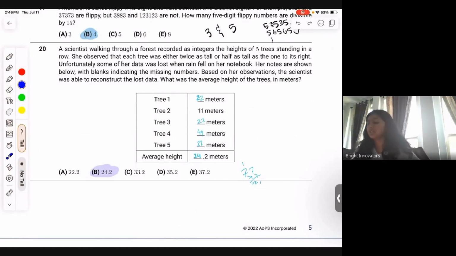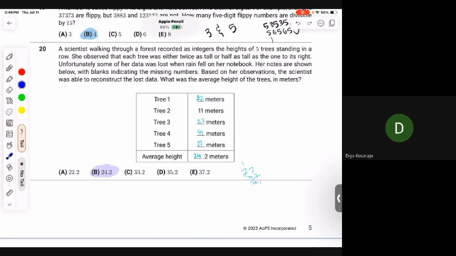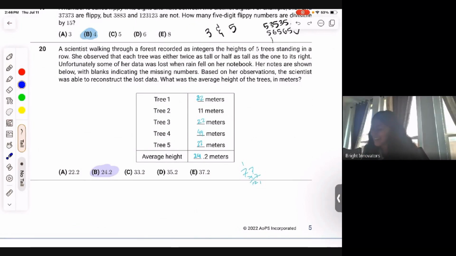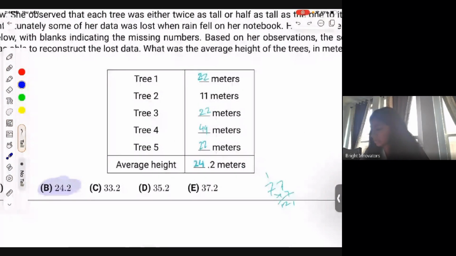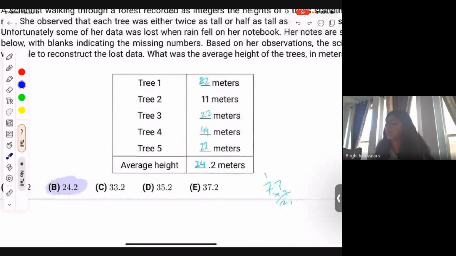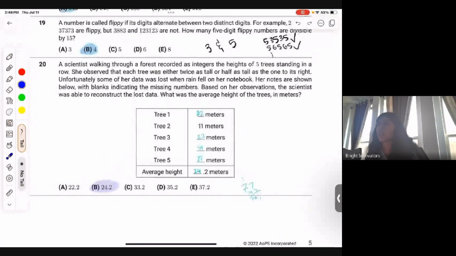Dia, do you want to quickly explain that one? I might have also guessed on this one. Okay. This one I didn't guess on, but I didn't have a method to it. Because the average ends with a 0.2, the last number ends with a 2. Any number that ends with a 1, for example 11, if you divide it by 5, then it would end with a 0.2.